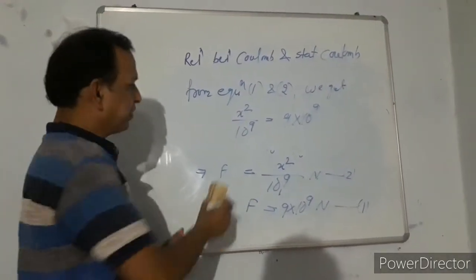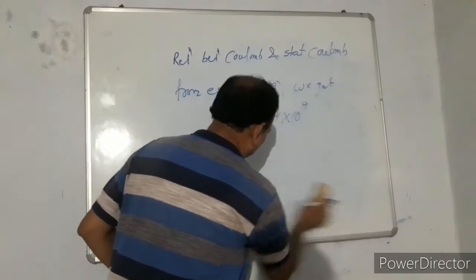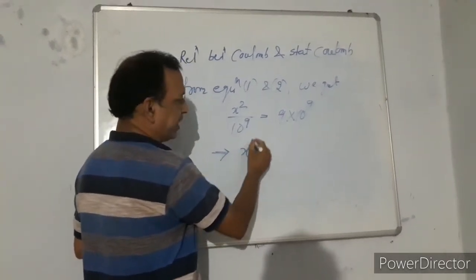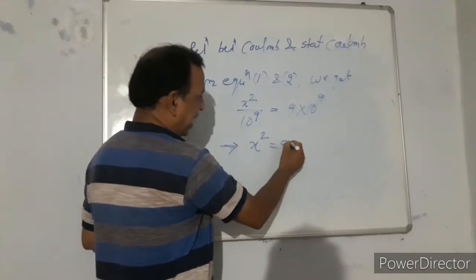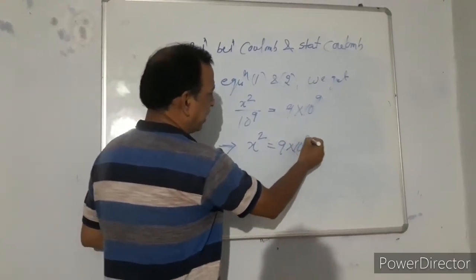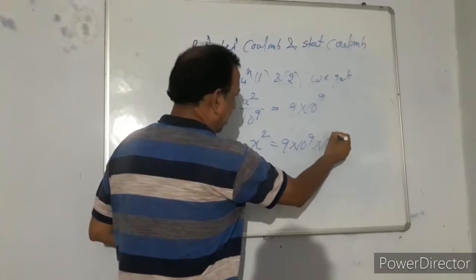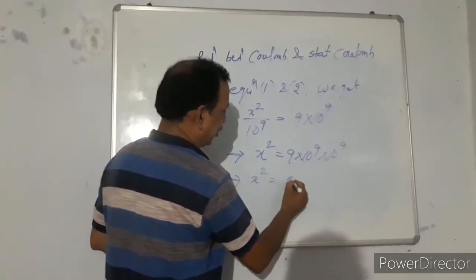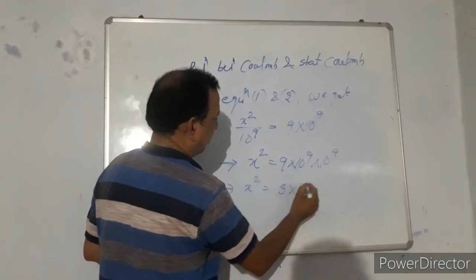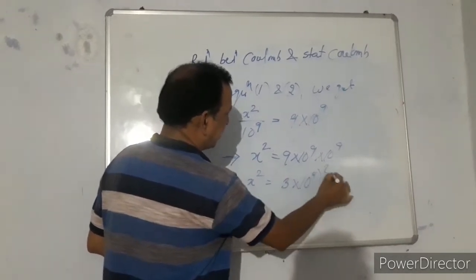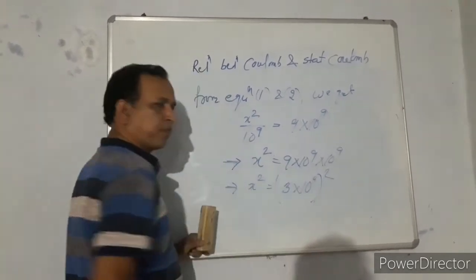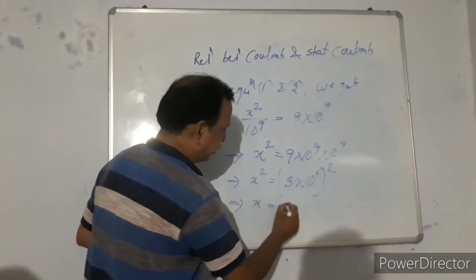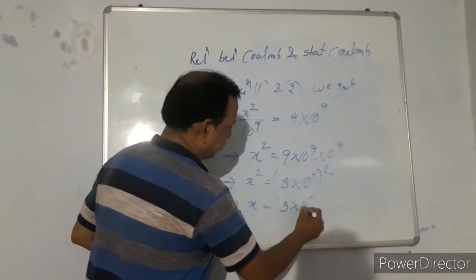Comparing the two, x square is equal to 9 into 10 to the power 9 into 10 to the power 9, so x square is equal to 3 into 10 to the power 9 the whole square. So x is equal to 3 into 10 to the power 9.